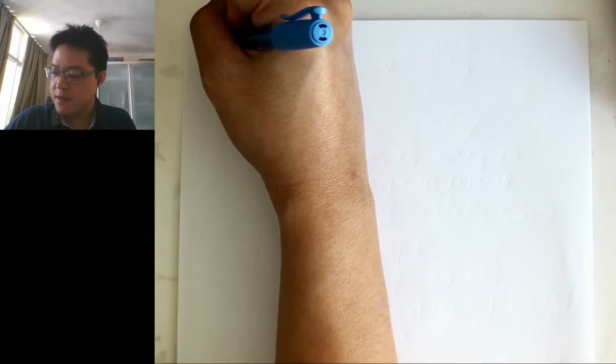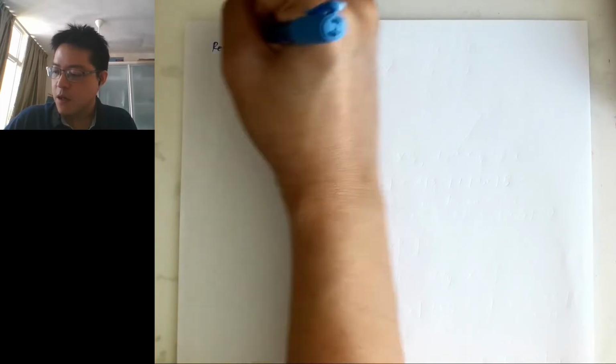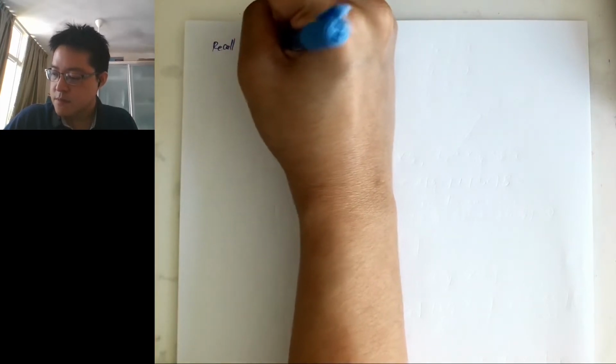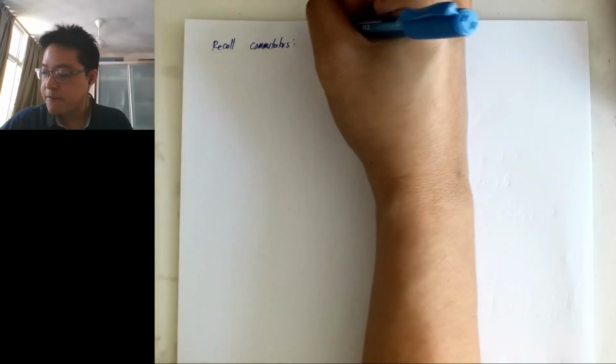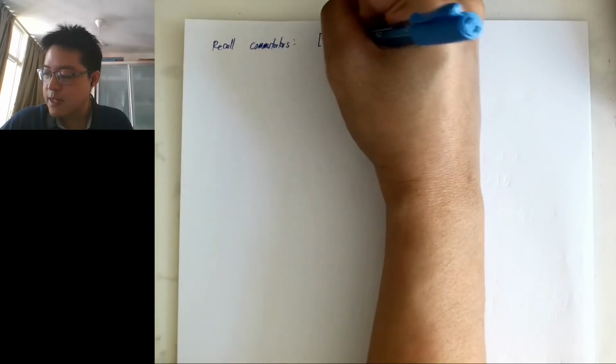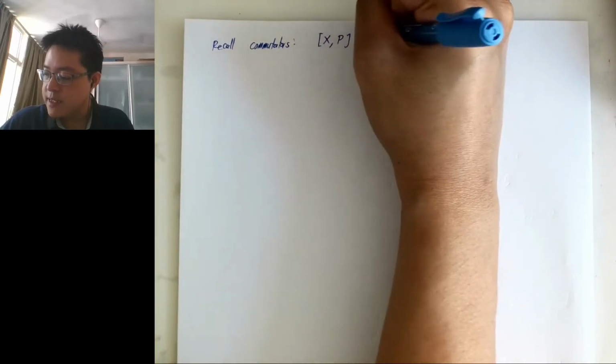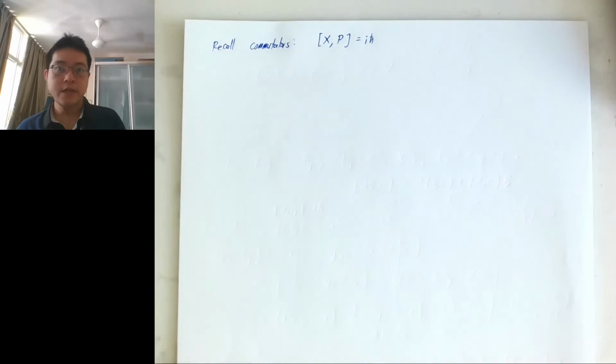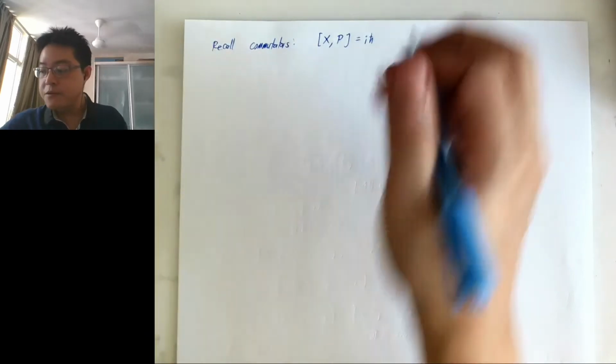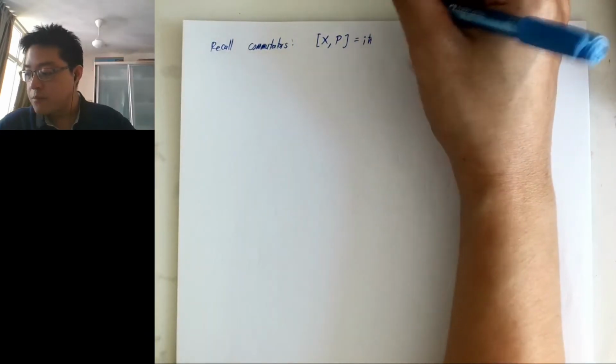So let us recall the commutators. The basic one, right? The first one that we learn is that this thing is equal to ih bar, right? So this one we derived in chapter 3 by direct computation.